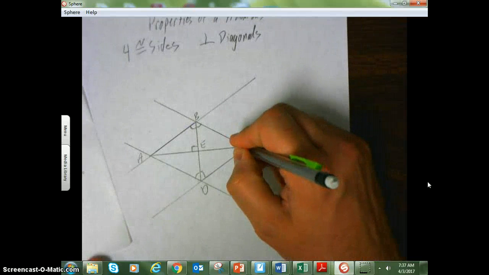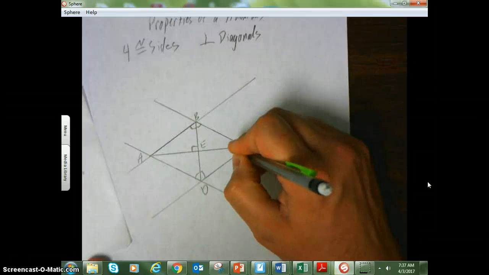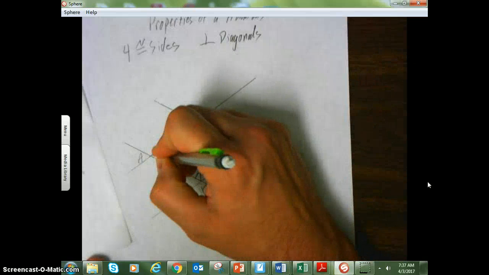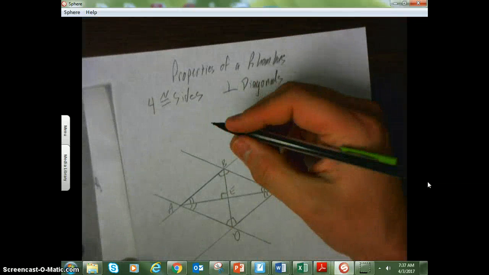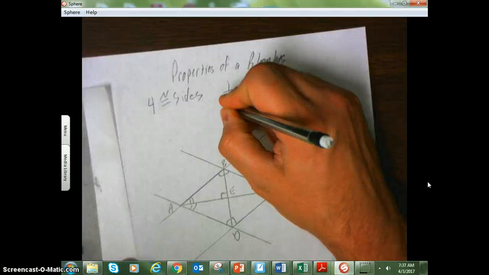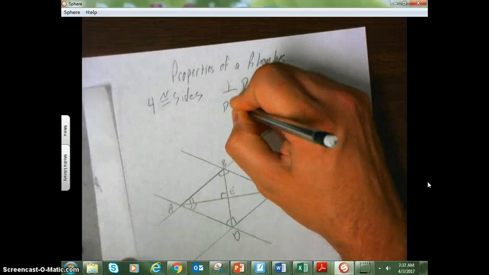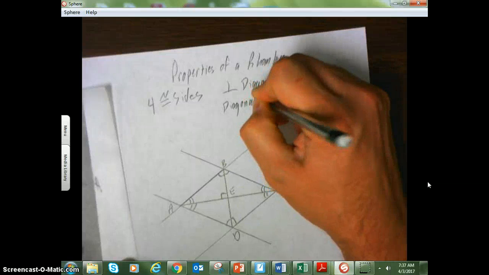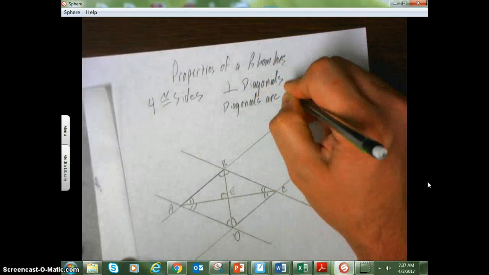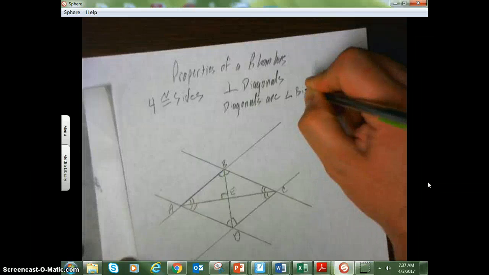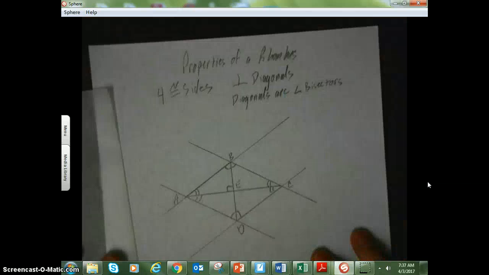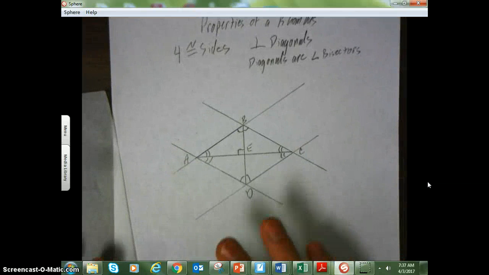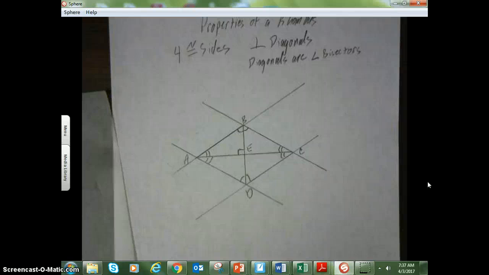So that does show that this angle and this angle are the same, and because the opposite angles are congruent to each other, these two angles have to be the same also. So here we can also add that the diagonals are angle bisectors.